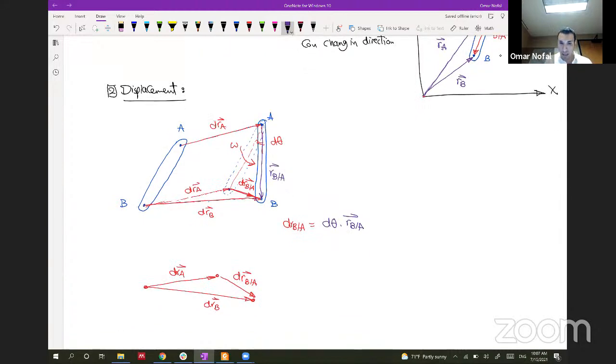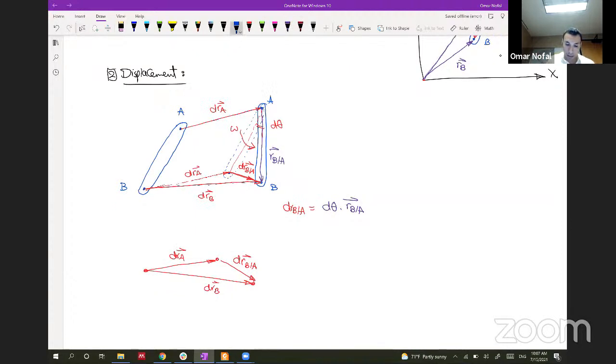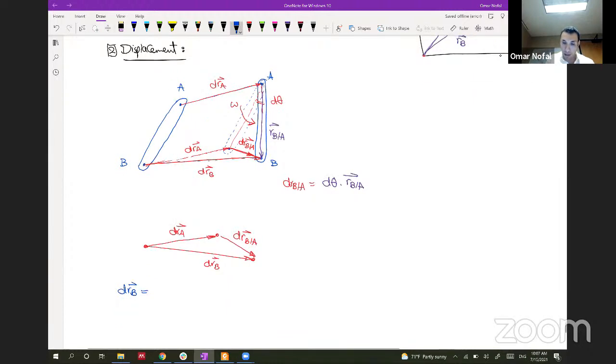And actually, we can write a formula here that the dRB vector will be equal to dRA vector plus dRB with respect to A. And that's true because if you want to get from this point to this point, you will have to go like this and go like this.